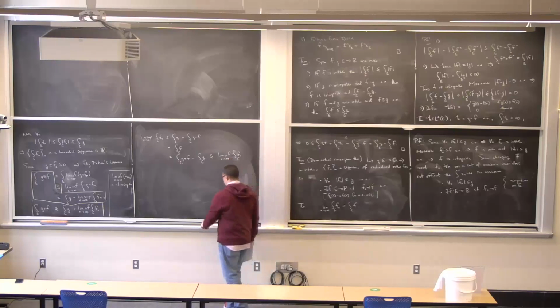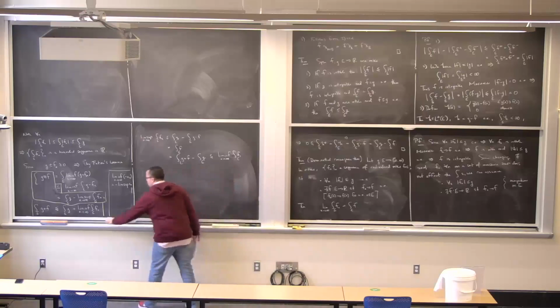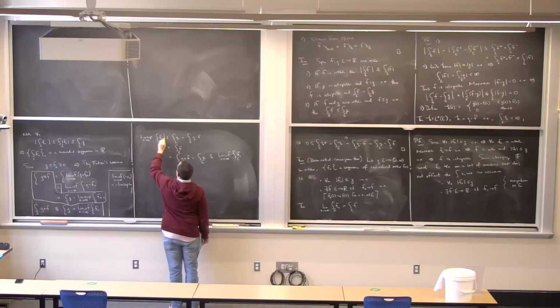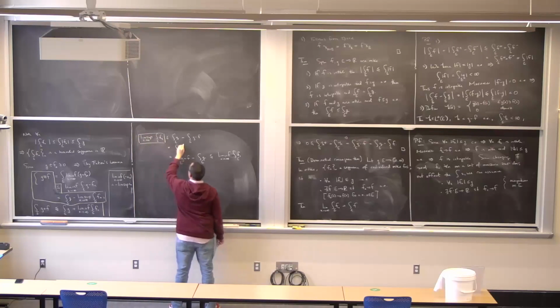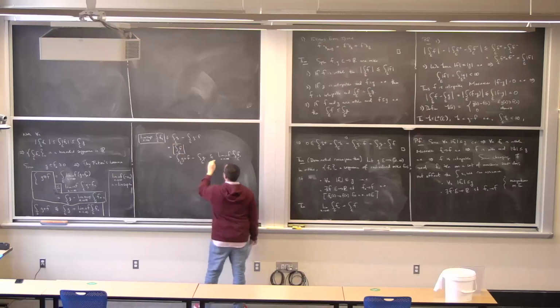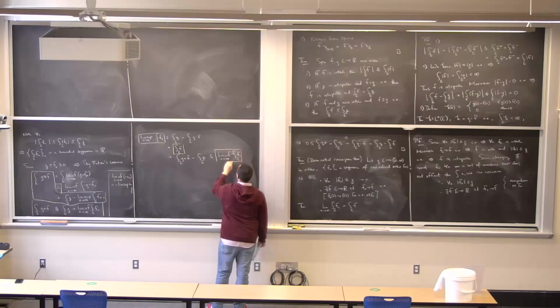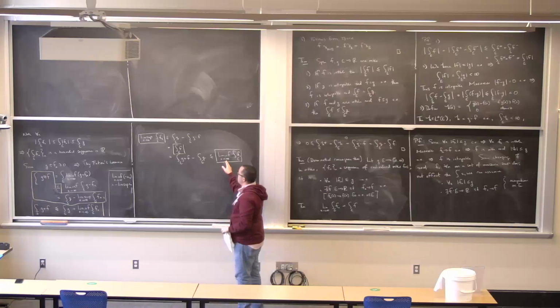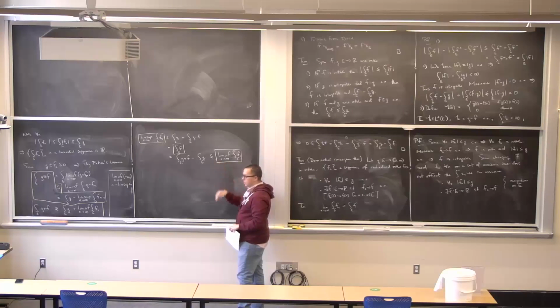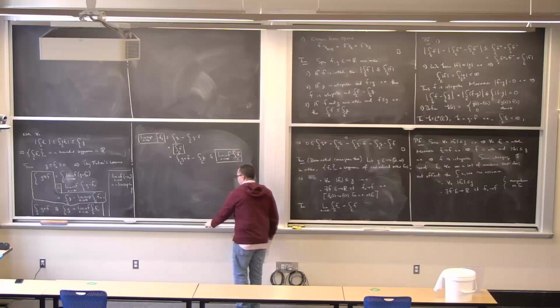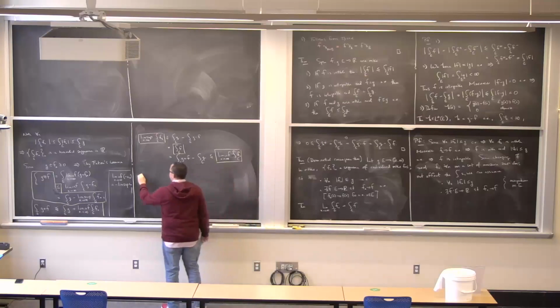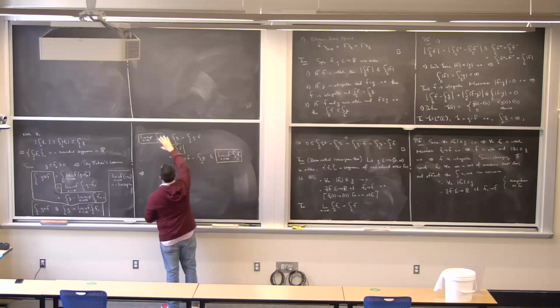Okay, so what do I have? I have the lim sup is less than or equal to the integral of f is less than or equal to the lim inf. The lim inf always sits below the lim sup. So this box always sits below this box. Therefore, all three numbers must equal each other.